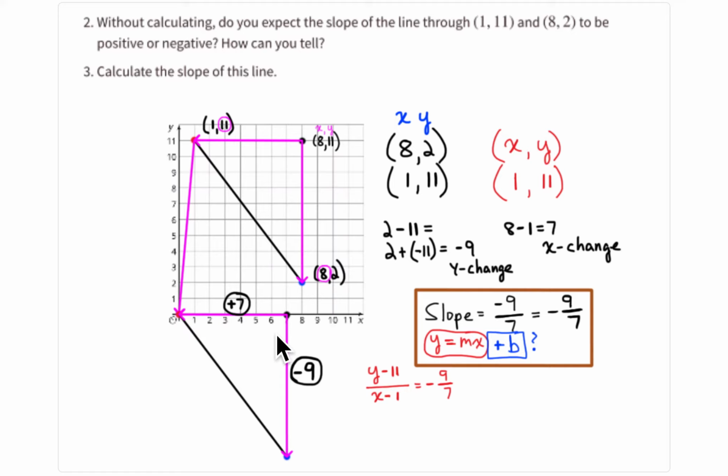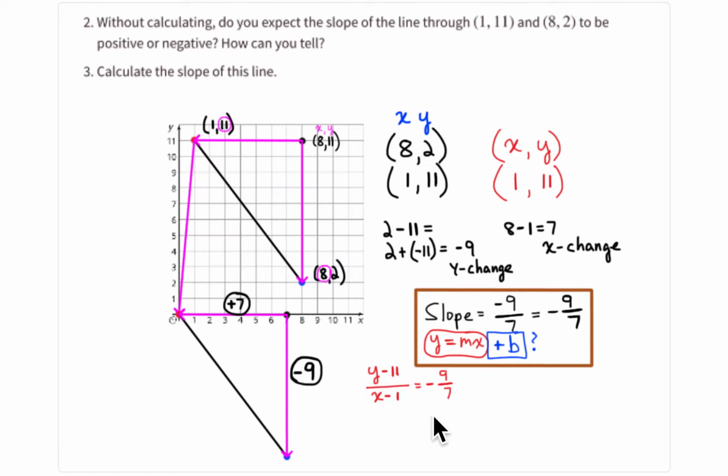So then we took this, we slid it over that 1 unit. So x minus 1 right here is the change in x, and that was 7 units. So what that means is that the change in y, y minus 11, is -9/7 the change in x. So you can take whatever the change in x is and multiply it by -9/7, and that's going to give you the change in y.